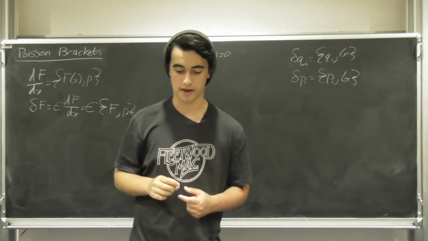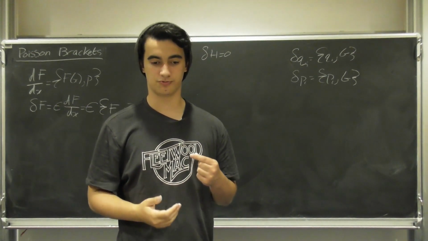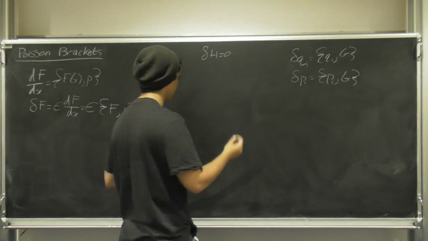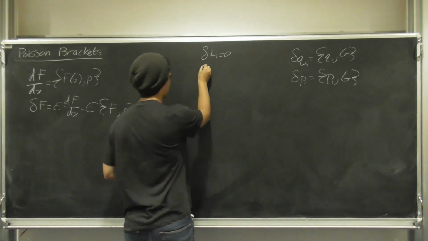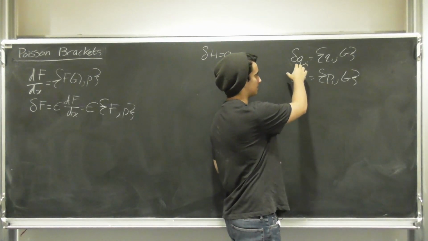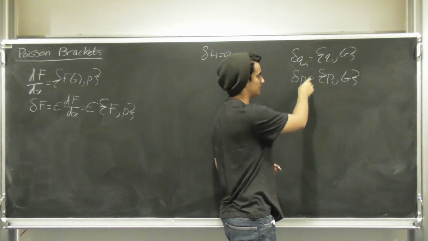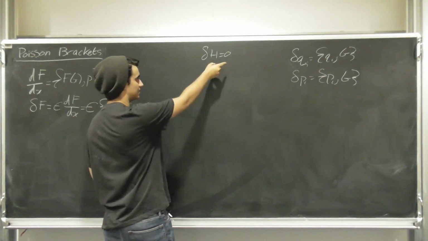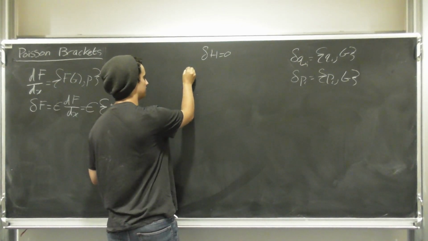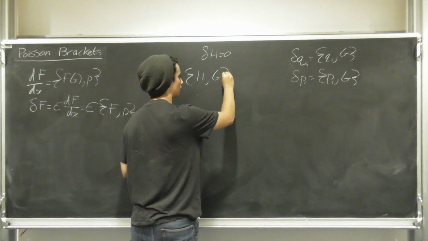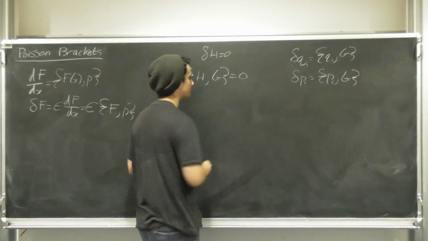So to put this into perspective, we see that the change in a quantity is equal to the quantity's Poisson bracket with the generator. So the change in the Hamiltonian is the Poisson bracket of the Hamiltonian with the generator, which we said must be equal to 0.